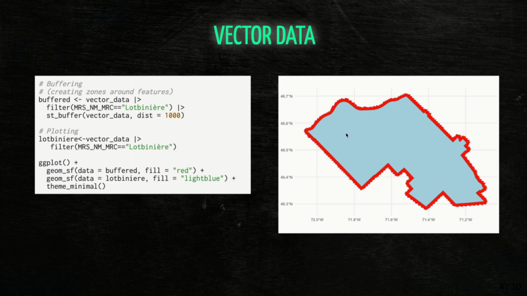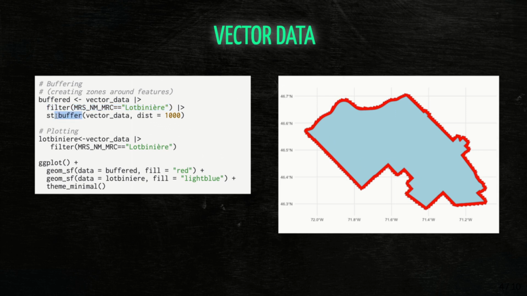There are many things that we can do with vector data. One of the most common operations is to create a buffer, so creating a space around the polygon, for many reasons. Here I got you an example. If I take my vector data, my collection of 10 polygons, and I choose the one which contains Le Binaire in its ID column, I'm getting only the blue shape here.